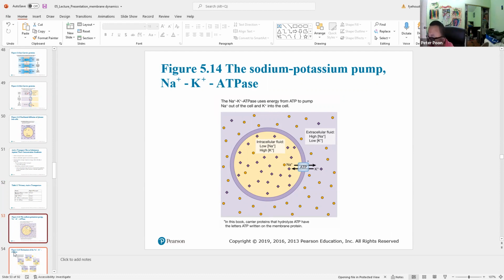So the last thing we'll explain in this short little video is the sodium potassium pump. The sodium potassium ATPase uses ATP to make this pump. So right here, this is an ATPase. I am pumping out sodium, I'm pumping in potassium.